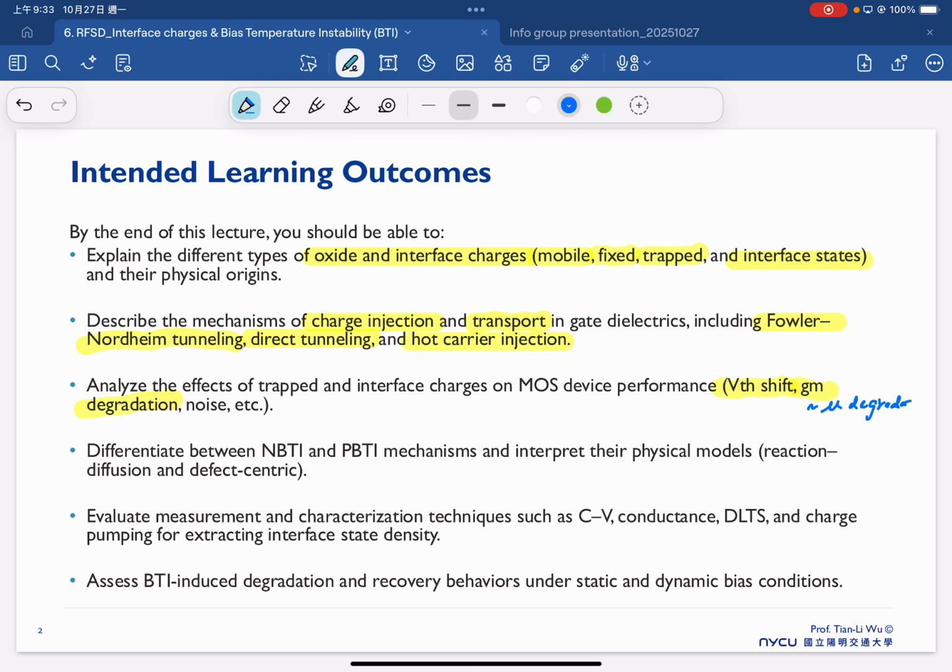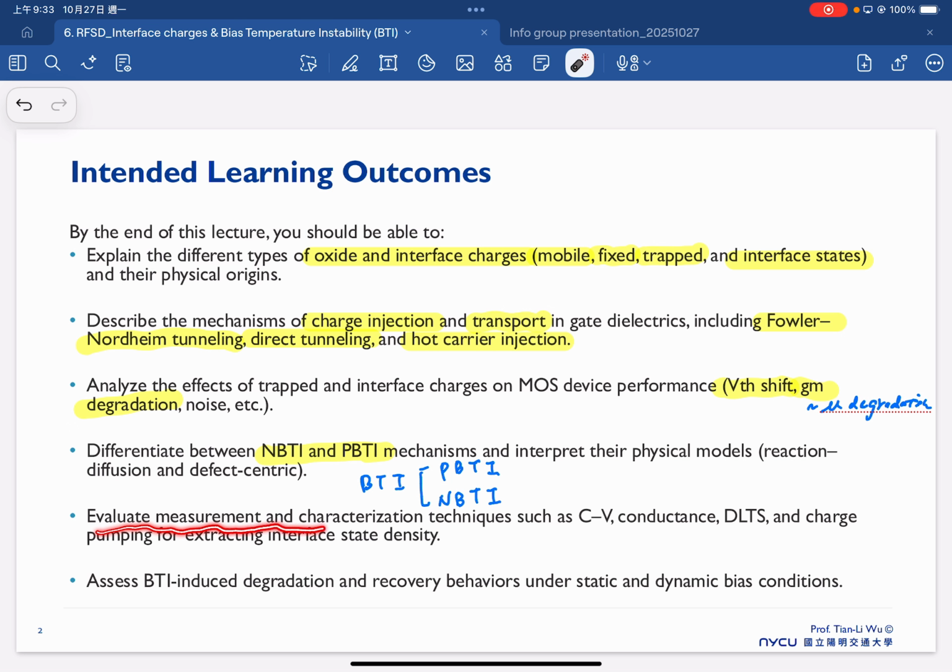And also we will talk about the different measurement and characterization techniques that are very often used to help us analyze interface state density, for example CV measurements, conductance, DLTS, and charge pumping. They are very well known and very often used in practice.